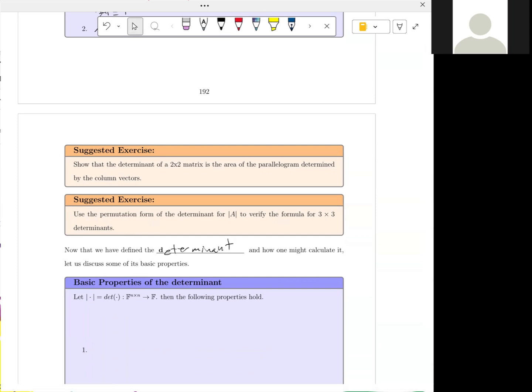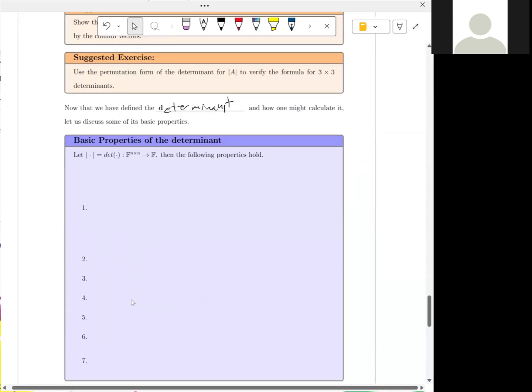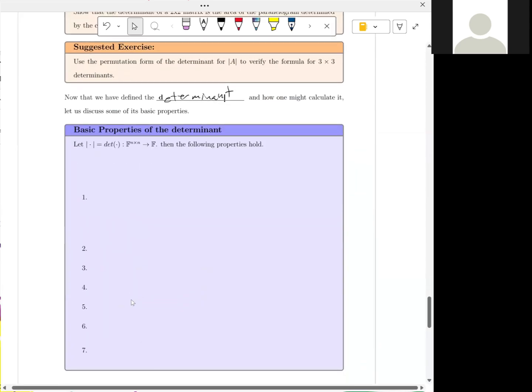Now that we have defined the determinant, now someone might calculate it. I want to review a few basic properties that we'll be using. So the first property is that we are n-linear.